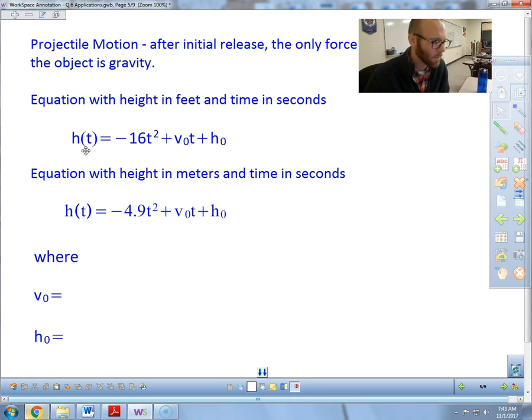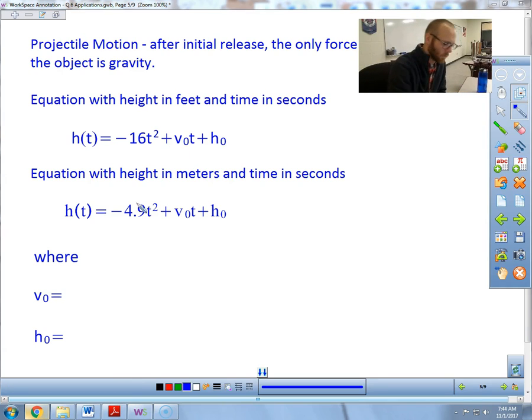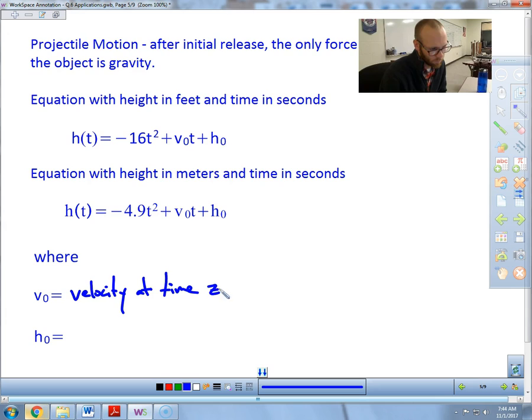So there's a lot going on here. h of t, that's the height with respect to time. Notice there's a t, that's a variable in there, that's the time in seconds, but we have a couple other things. We have this v sub 0 and this h sub 0. What do those represent? v sub 0 is the velocity at time 0. That's why we put a little sub-zero here to remind us that's the velocity when time is 0.